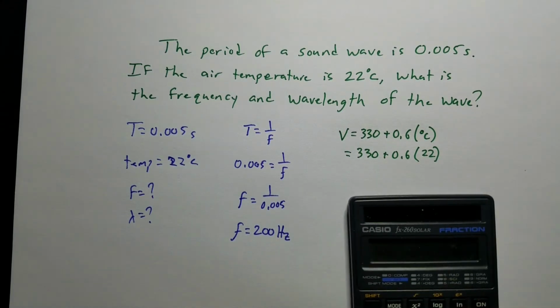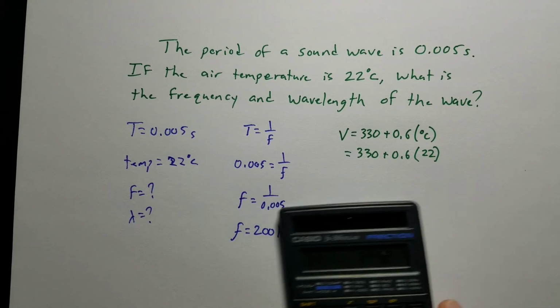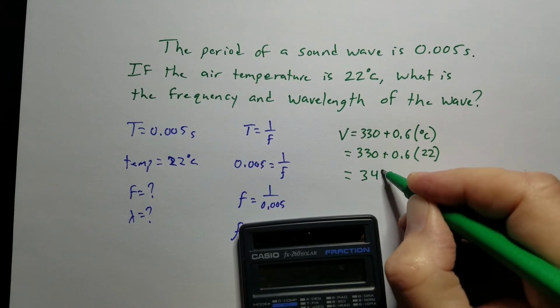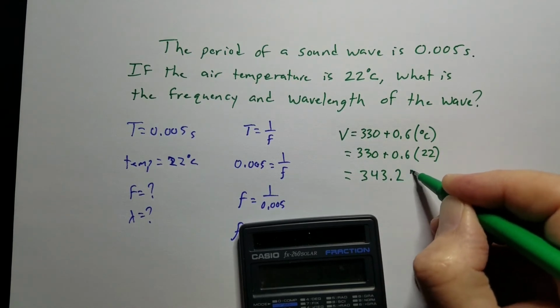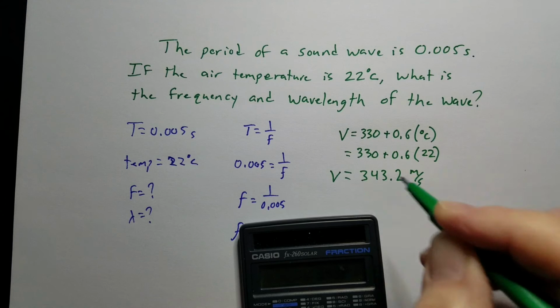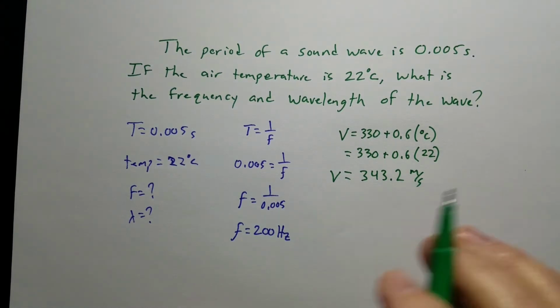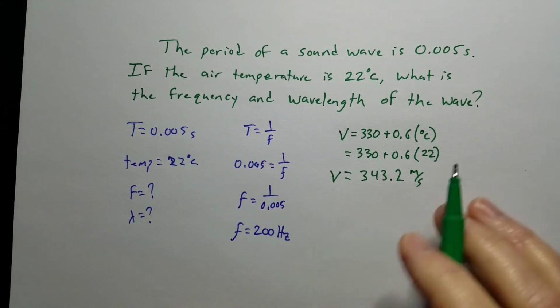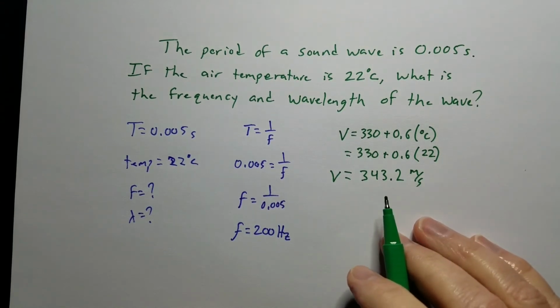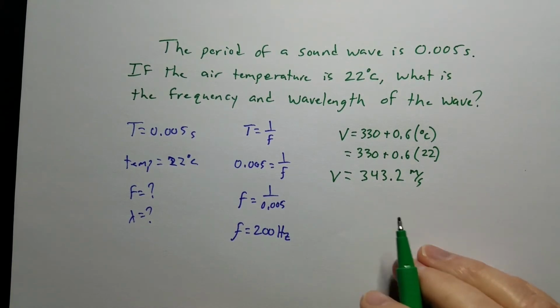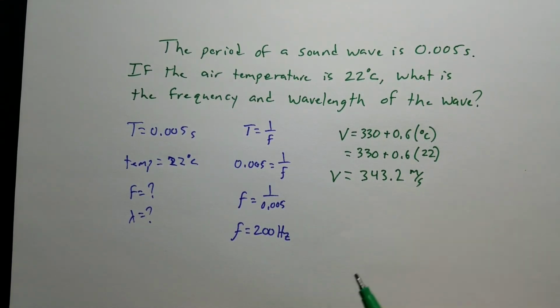So 22 times 0.6 plus 330 gives me a speed of sound of 343.2 meters per second. This is why musicians usually have to retune their instruments if they go from one location to the other, because if the room temperature is different, or maybe even the altitude's different, the speed sound travels in that air is different, so they have to retune their instrument so that it plays the same frequency.